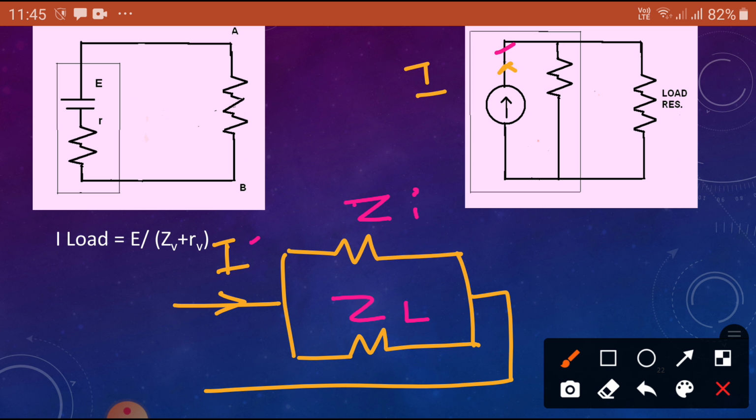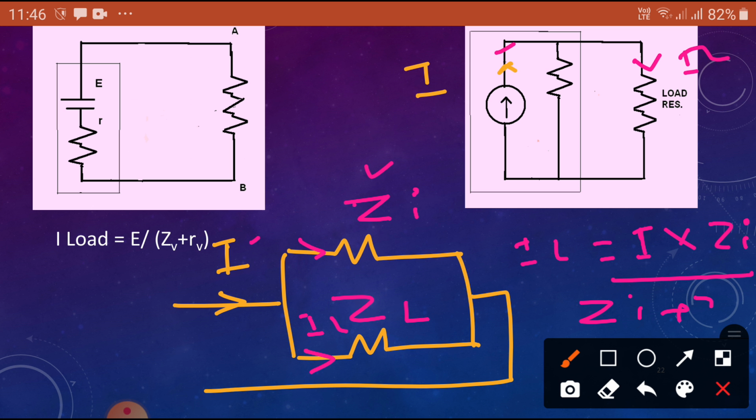The load current IL is required, I want to know what the IL is. So IL is equal to, we know the formula, total current times ZI divided by ZI plus ZL. This is the current.